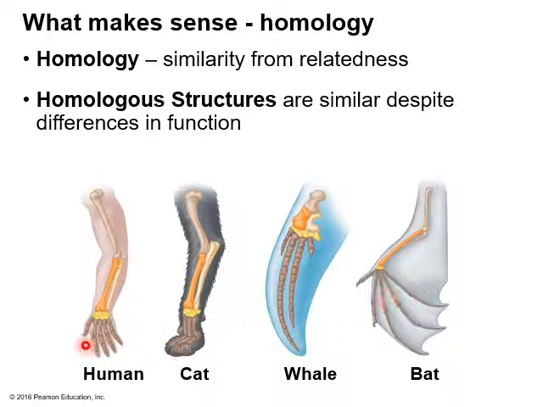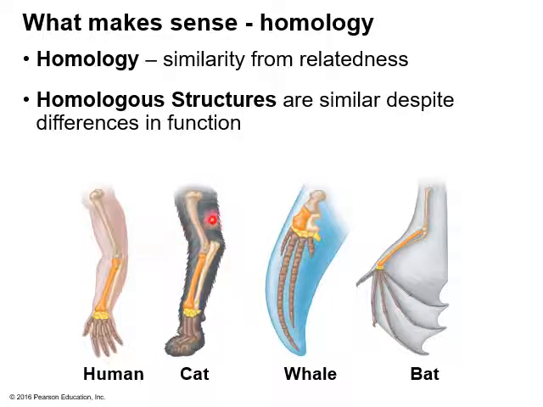In fact, we all have the same number of digits except for a whale, which has lost one of its digits. It has 4 digits instead of 5. There's a lot of similarity, even though these 4 different things use those limbs for different purposes. Us humans, we use our limbs for writing and for, I don't know, picking up food and throwing basketballs.